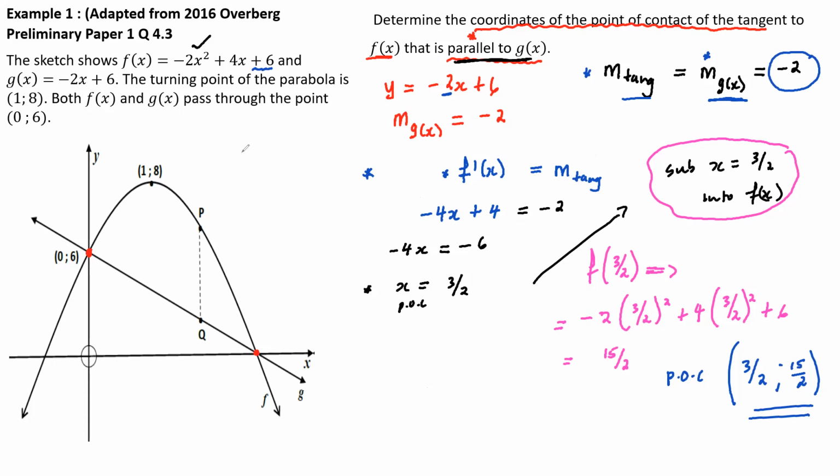I derive: power multiplies coefficient, -4x, and then power minus 1. Then I derive 4x, I get 4. I equate it to the gradient of the tangent and solve for x. To find the y coordinate, substitute back into the original f of x equation. That's how you find the y coordinate of the point of contact. Basically, that's what you have right there.